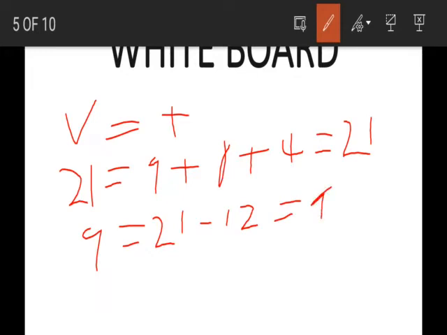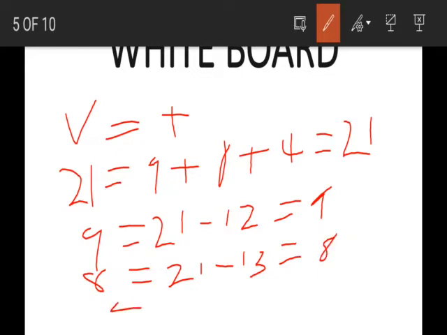If 8 is not there, you will subtract the sum of 9 and 4 from 21, and that will give you 8.